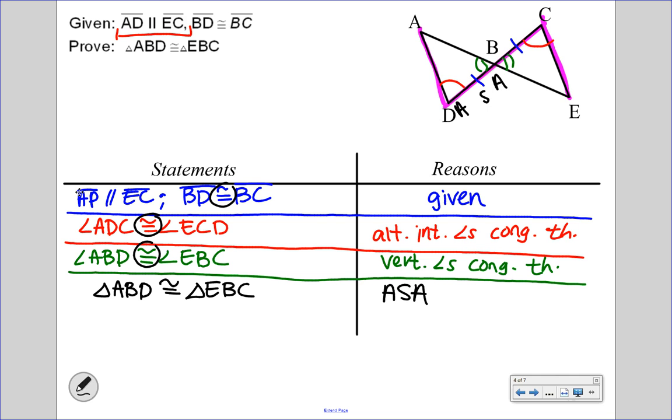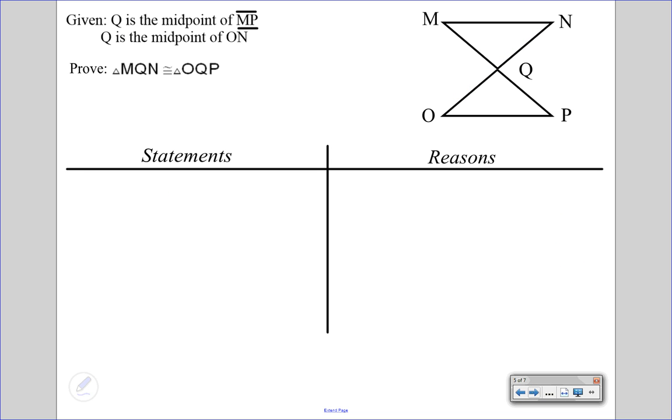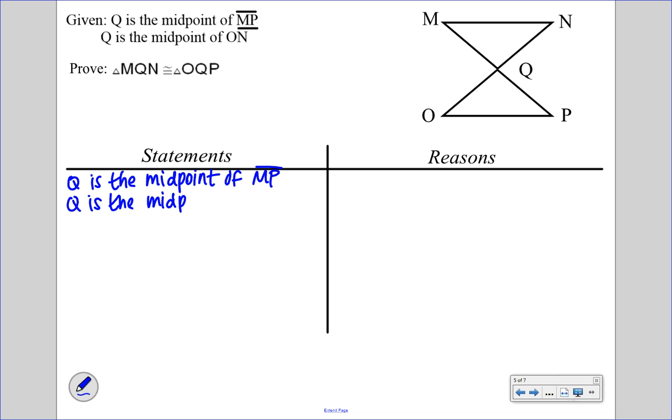All right, let's do another one. Let's write down our given. Q is the midpoint of MP, and Q is the midpoint of ON.